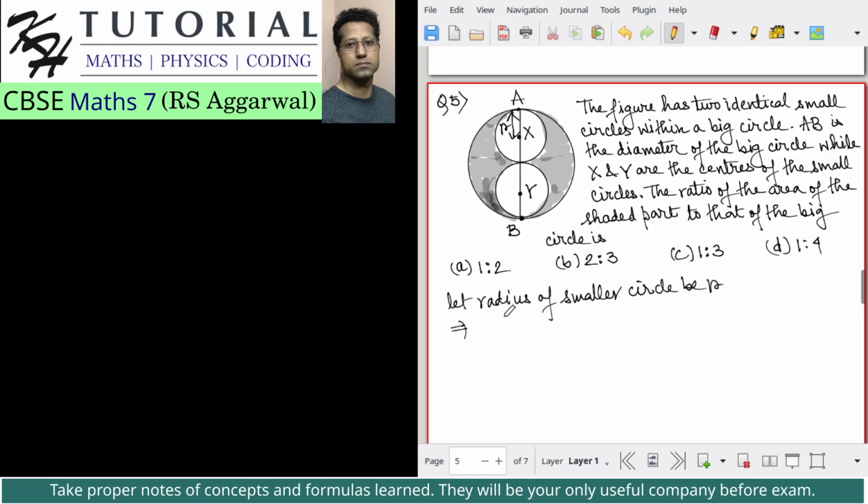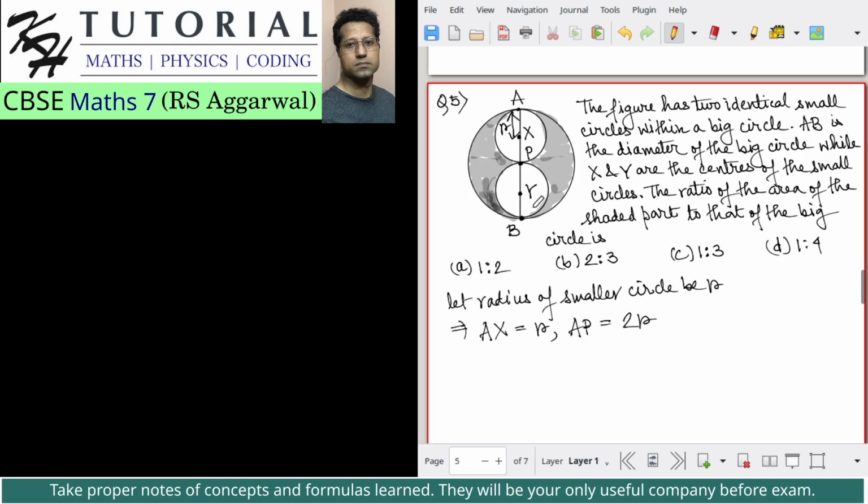So we can see that AX, let's say that the two smaller circles touch at the point, let's say P. So if we consider small r to be the radius of the two identical smaller circles, then we have AX is equal to r, and also AP will be equal to twice r. AP is the diameter of the smaller circle with center at X.